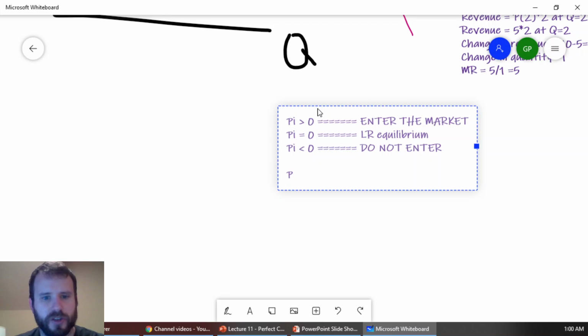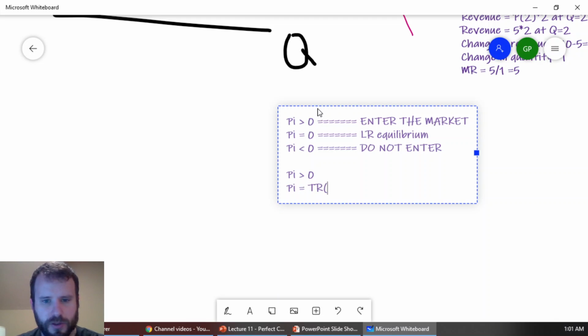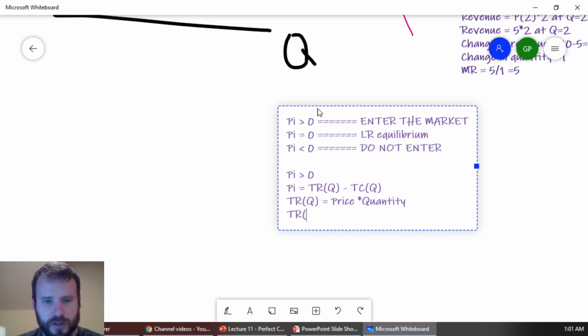So if pi is greater than 0, what does that mean? Pi, your profit, is equal to total revenue minus total cost. What's total revenue? TR(Q) is your price times quantity. So I'm just going to rewrite that as variables.